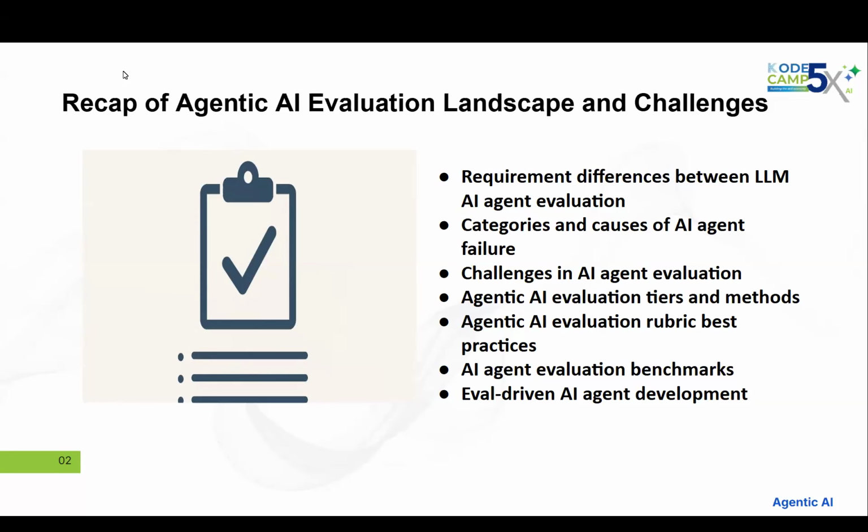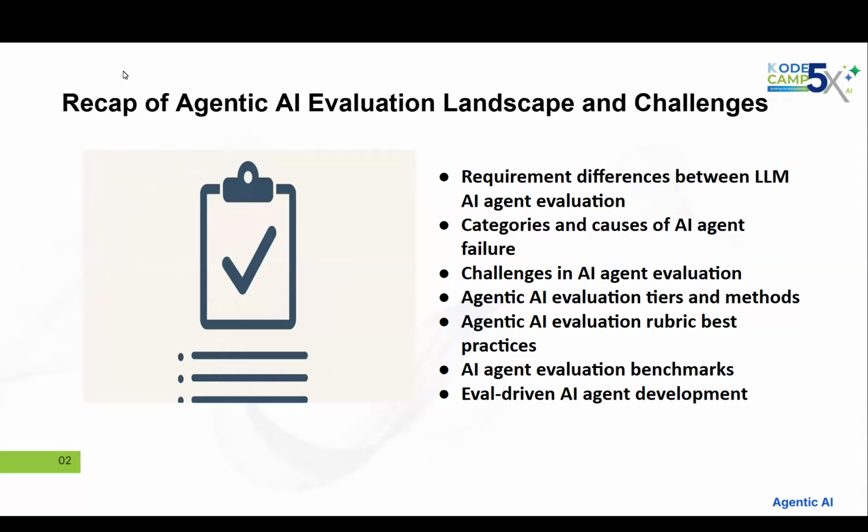We also spoke about categories of AI agent failures, and we started to speak about planning and reasoning failure, and this occurs when the agent's thinking process breaks before we even start to make a specific action.